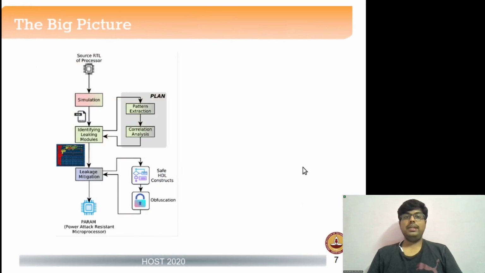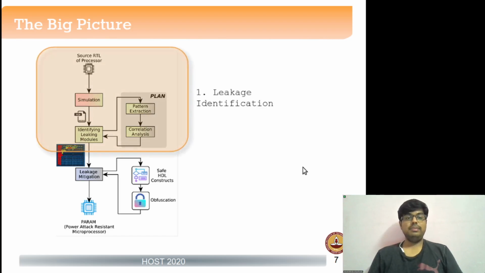Here is the overall idea. When the source RTL of the processor is initially taken, it undergoes simulation. At the end of simulation, the results are stored as VCD files, meaning value change dump. The value change dump files are then taken by the PLAN framework. PLAN does pattern extraction and correlation analysis.